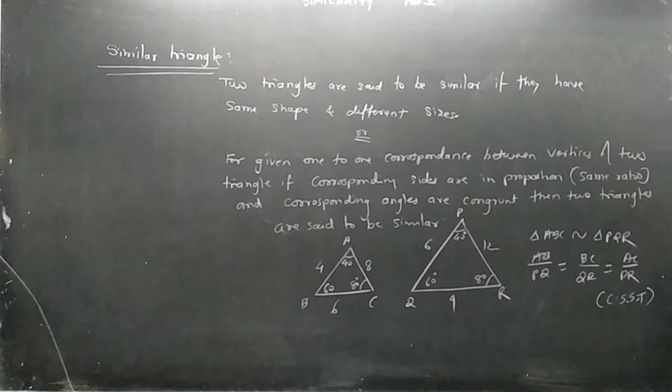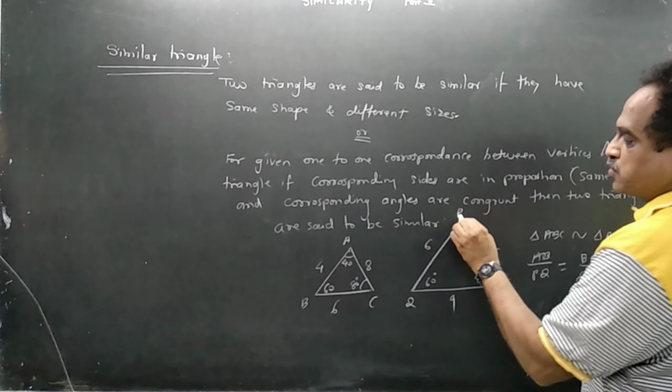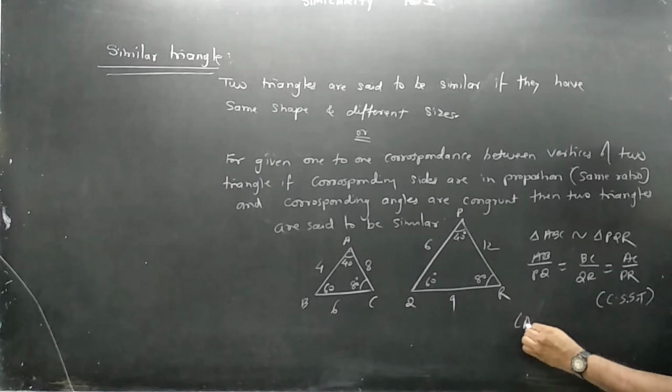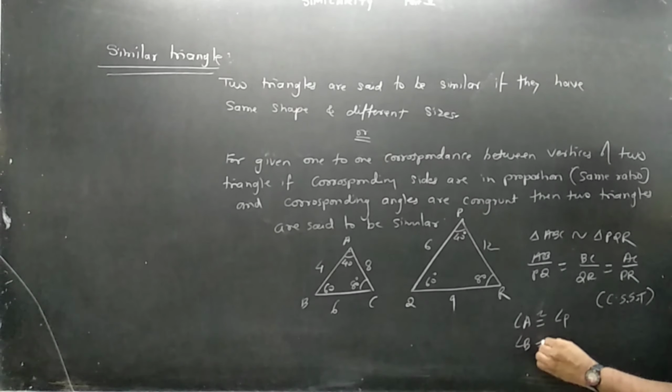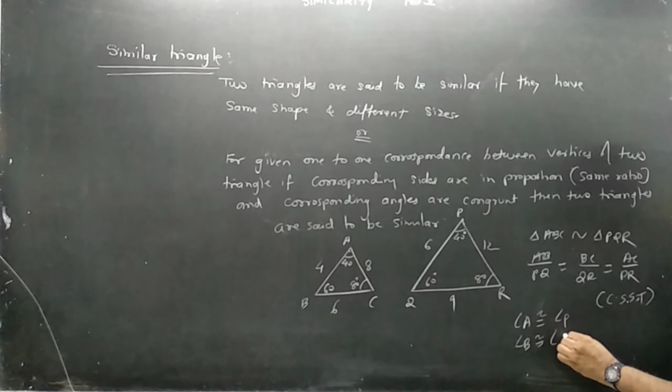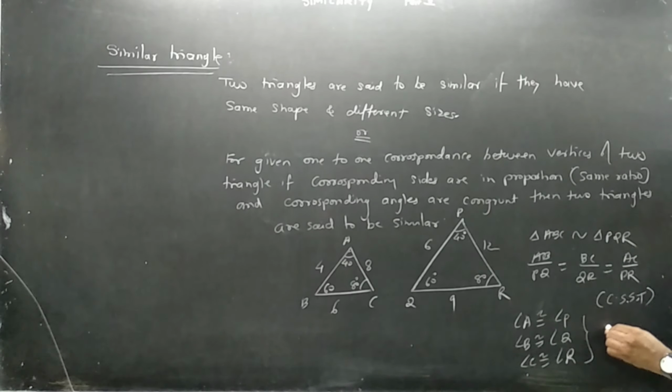And we know their corresponding angles, A corresponds to P, means angle A is congruent to angle P, angle B is congruent to angle Q, and angle C is congruent to angle R, and the reason is CAST. Have you understood this?